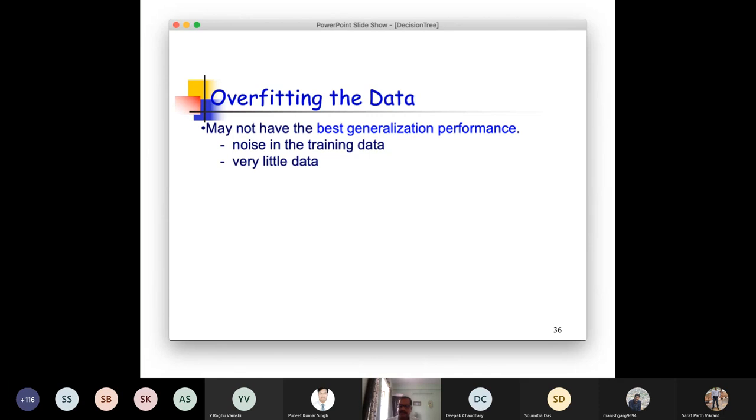I mentioned that the maximum depth of the tree would be the number of attributes. If there are n attributes, the maximum depth would be n, and you find that your tree also has depth n. But the question is whether that would be preferred.